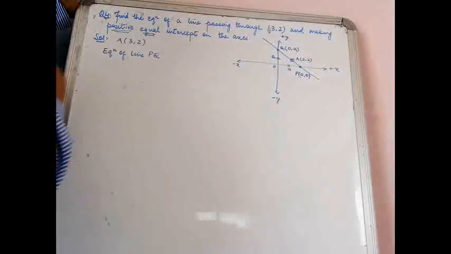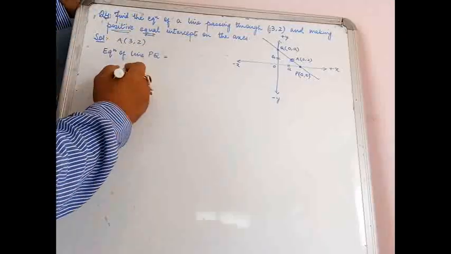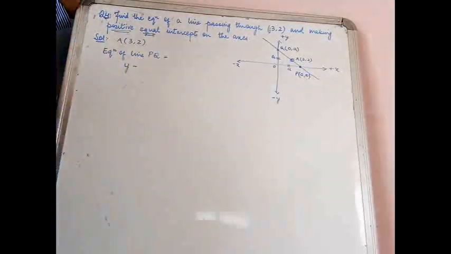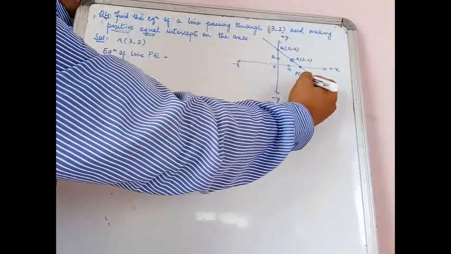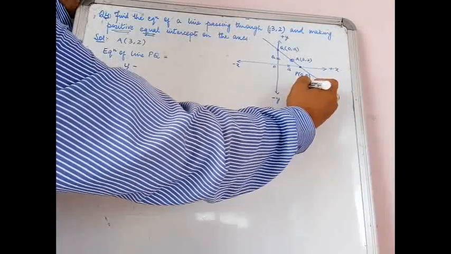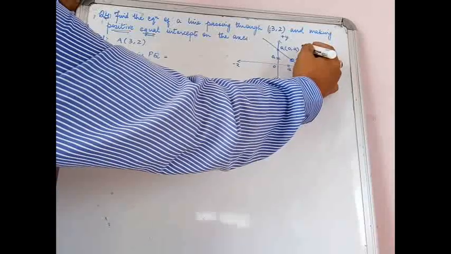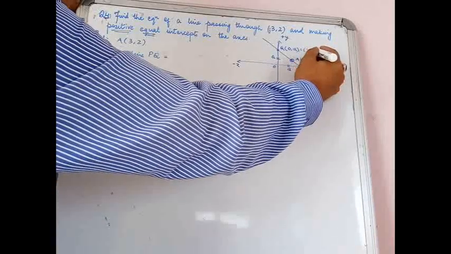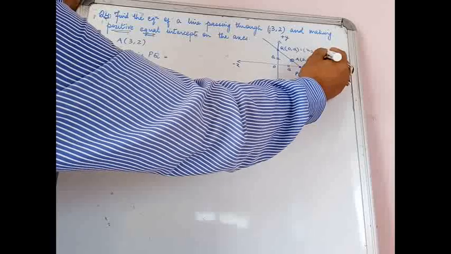So the equation of the line PQ will be what? It will be y minus y1. Let me say that this is my point x1, y1 and this is my point x2, y2.